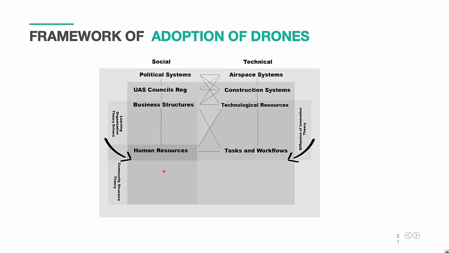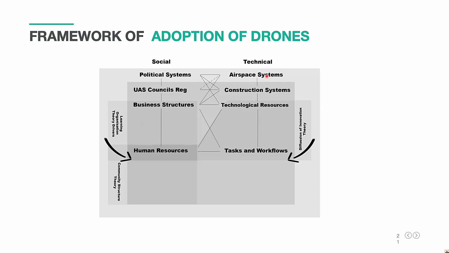Then we need to qualify that person and make sure that they comply with the actual safety standards of operation. Then on the technical side, we have the airspace system, in which each airspace has its own regulations and restrictions.